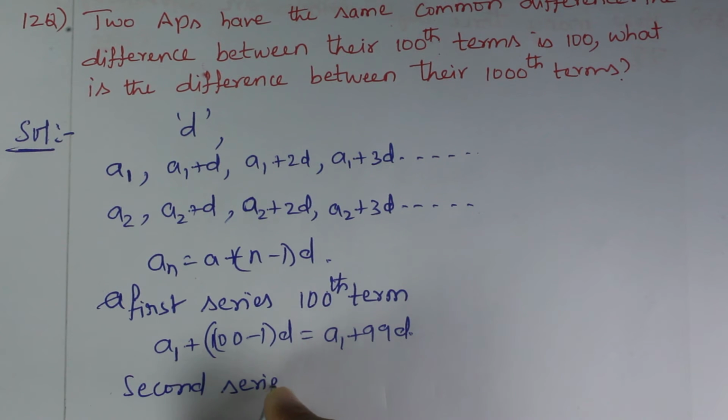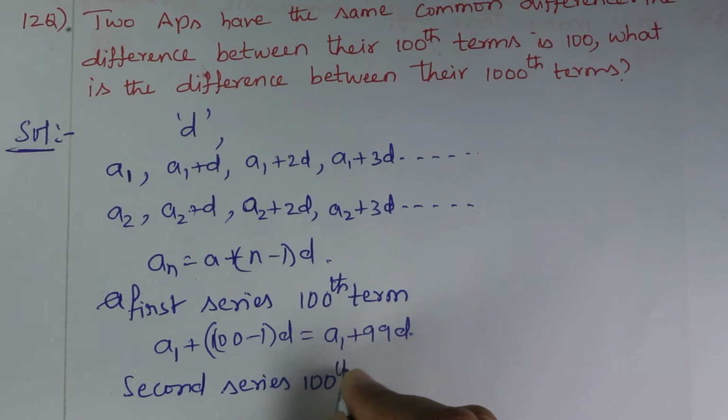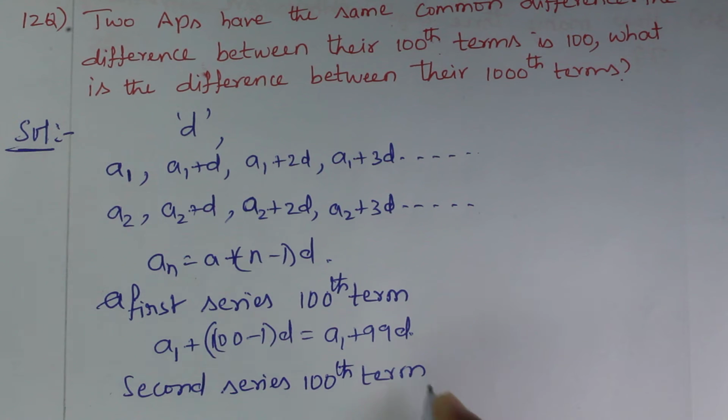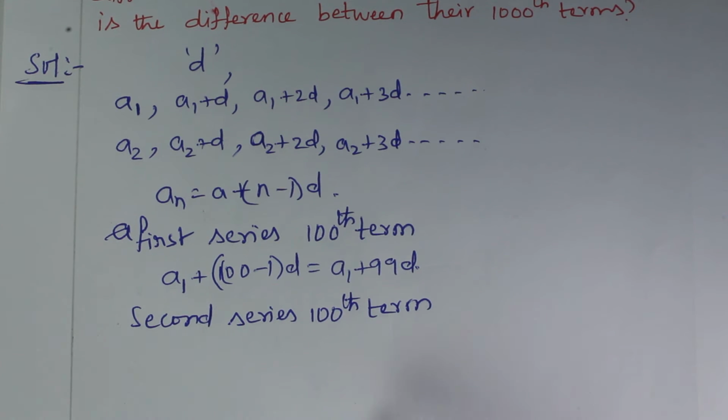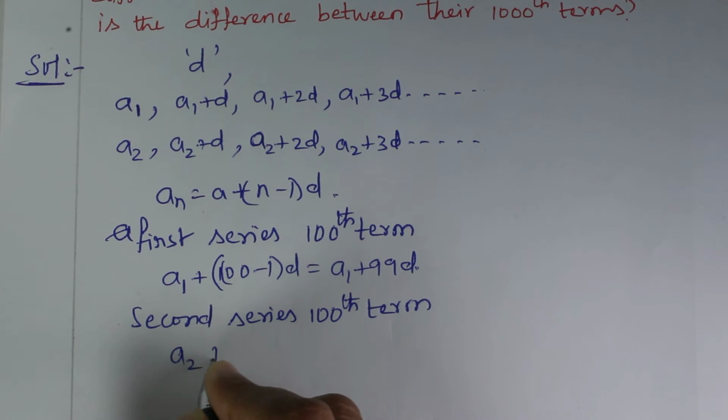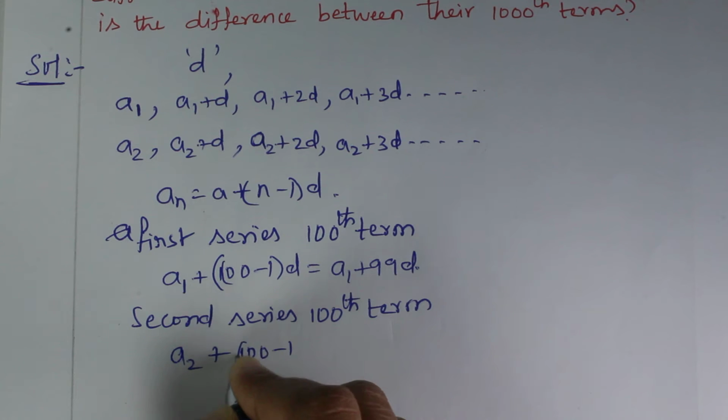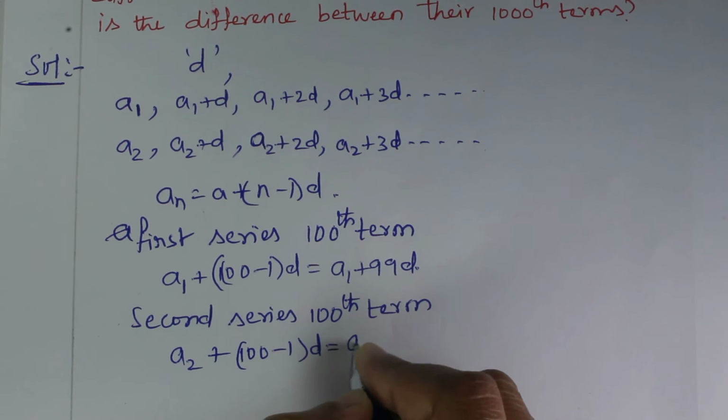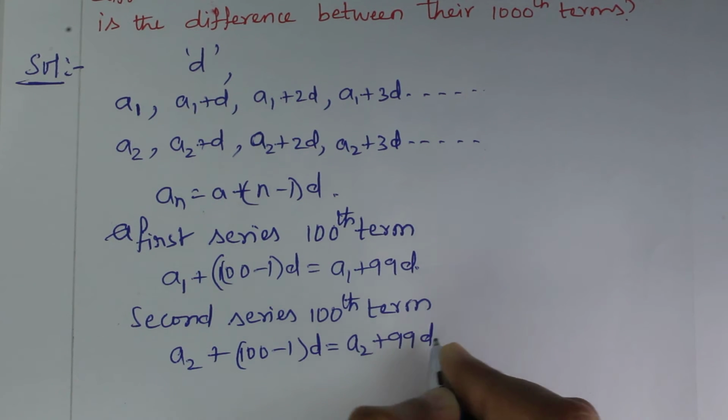The second series 100th term becomes A2 plus 100 minus 1 into d, that is equal to A2 plus 99d.